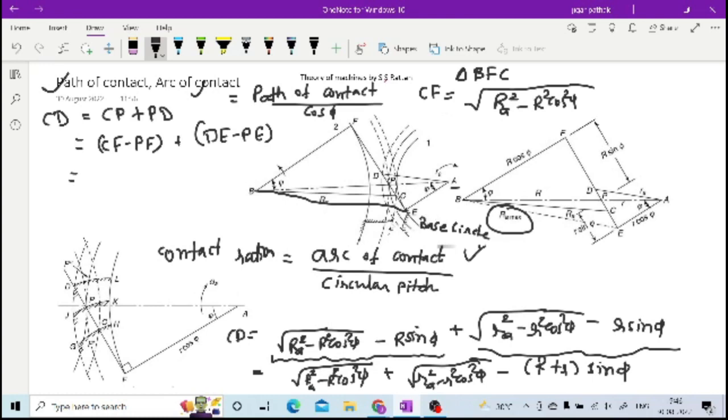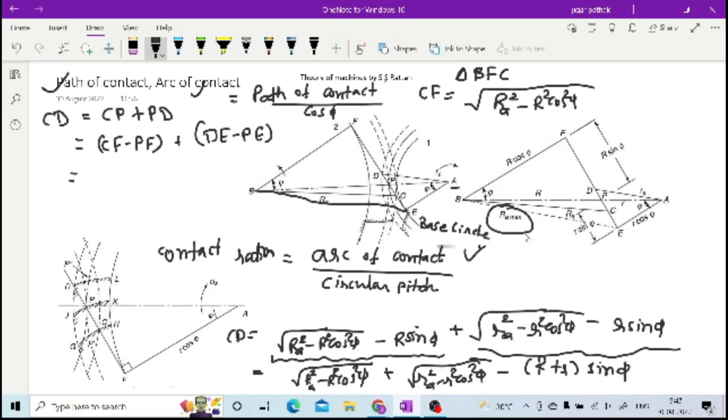In order to avoid interference, the maximum addendum must be BE; it should not be more than that. To calculate the minimum number of teeth required to avoid interference, we again consider this figure. In this figure, if you take the triangle BFE, then BE square is equal to BF square plus FE square.